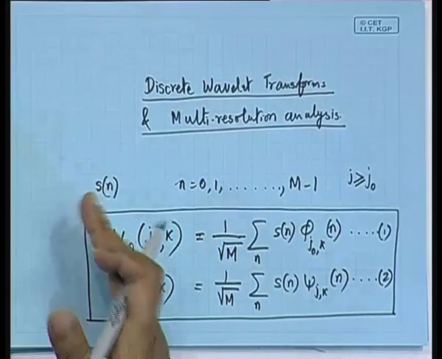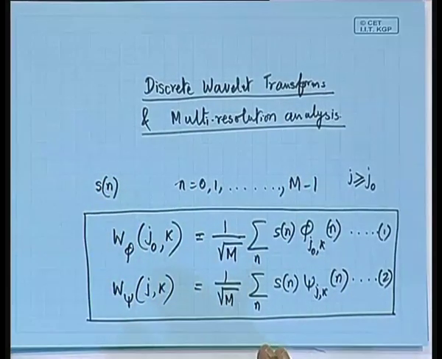Why is this 1 by root over m? Okay. I will come to this very shortly. See, 1 by root over m is a normalizing term that is there, because I have transformed Sn to this space, and I can get back Sn from this space.